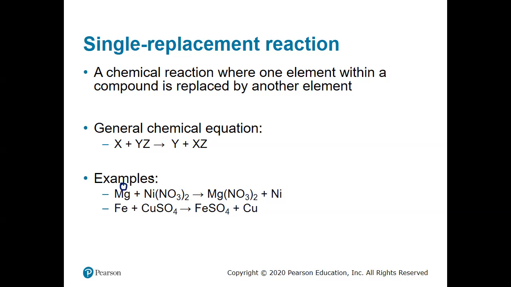So there was no charge on this magnesium. There's now a positive 2 charge on that magnesium. And the nickel went from having a positive 2 charge to no charge. So somewhere along the line, there were electrons that were exchanged in that reaction. Now we can follow it also by tracking the oxygen in that nitrate. The magnesium gained oxygen, the sign of oxidation.